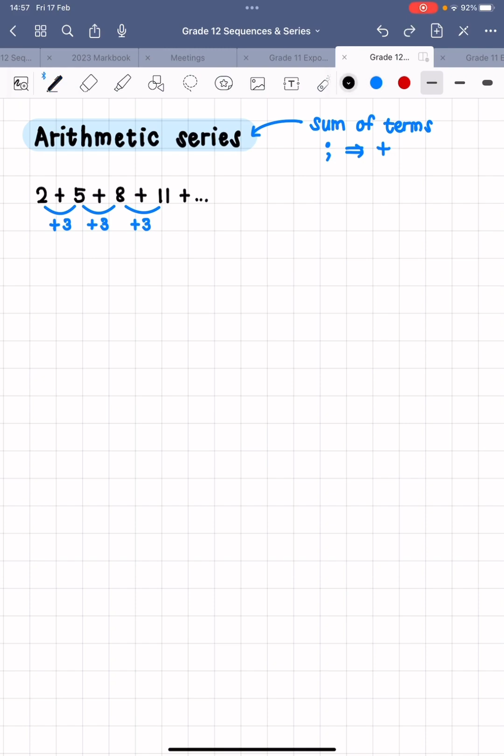Now, whether it's a sequence or a series, it still has a constant first difference, so we can still use our TN formula if the question is asking us for a specific term. So for example, it can ask us for term 12 in this number pattern. We are then going to say that A is the first term, so 2 in this case, plus n minus 1, n is 12.